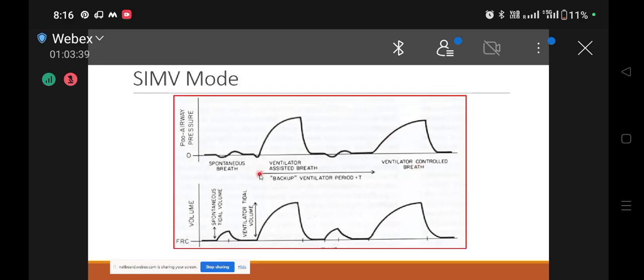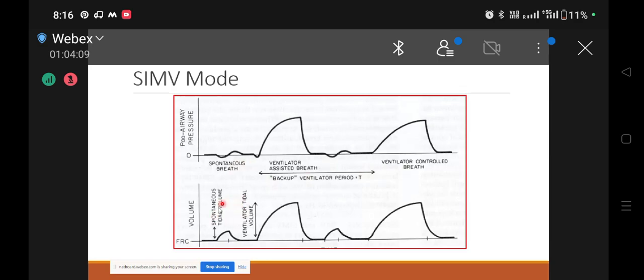These are some of the spontaneous breaths which are occurring. And this is one breath over here, which is being sensed by the ventilator, and it delivers a breath. And then there are in between some spontaneous breaths. And if it doesn't sense a breath, then it provides a mandatory breath or a controlled breath. So this is what is happening in this SIMV.